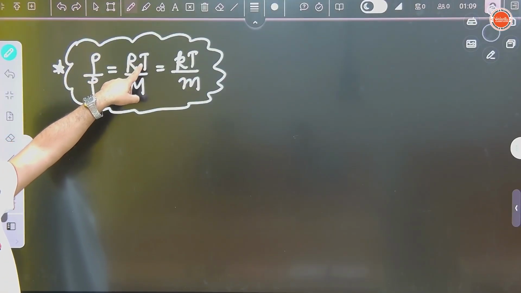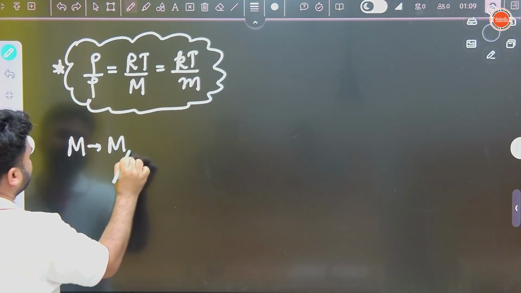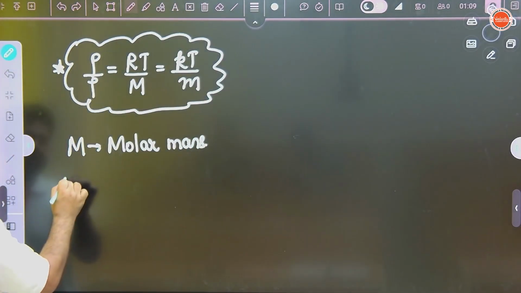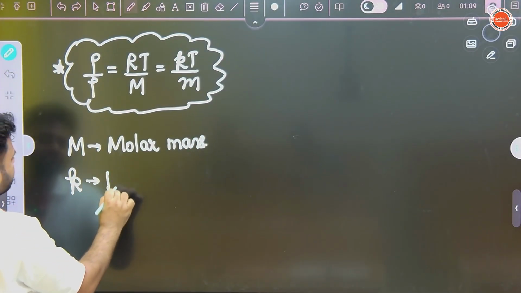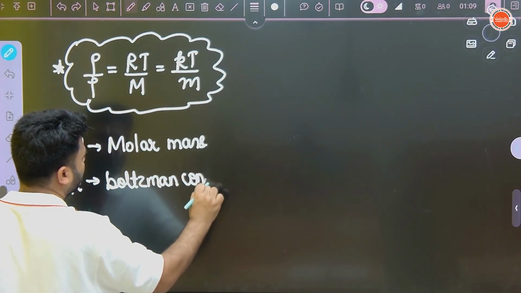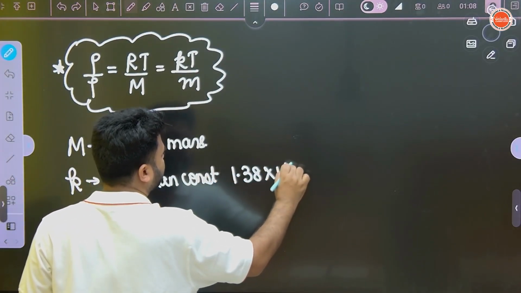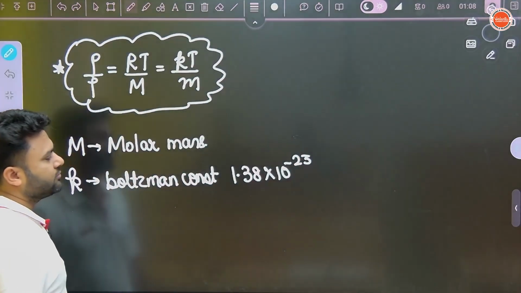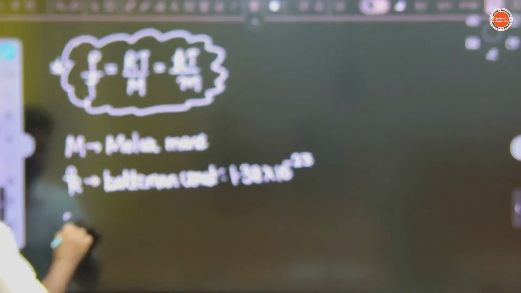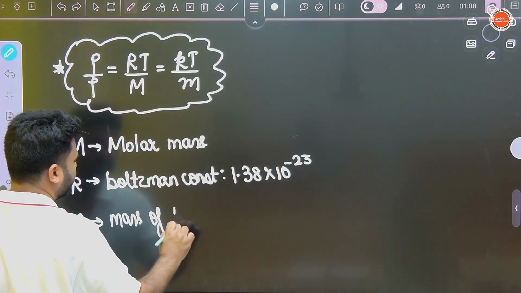R you know, T is temperature, M is molar mass of gas. k is the Boltzmann constant, 1.38 into 10 power minus 23. This is the value of k. T is temperature. Small m is mass of one molecule of gas.